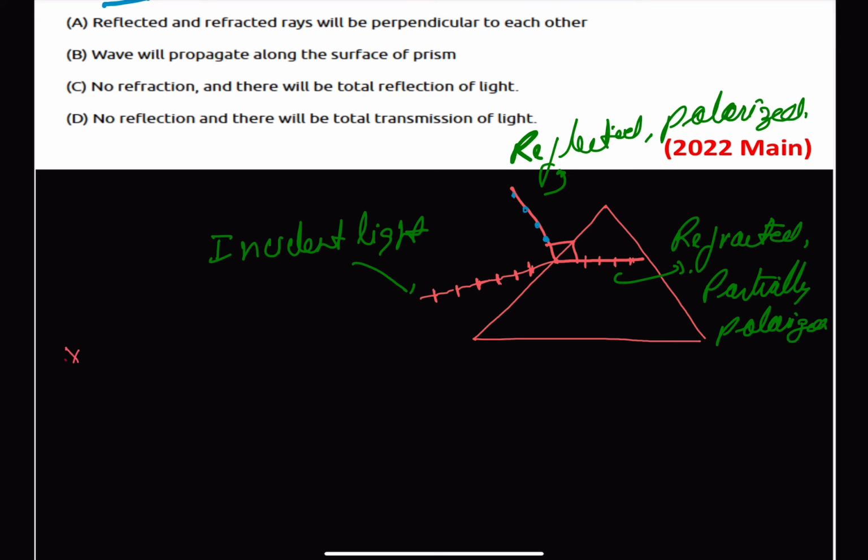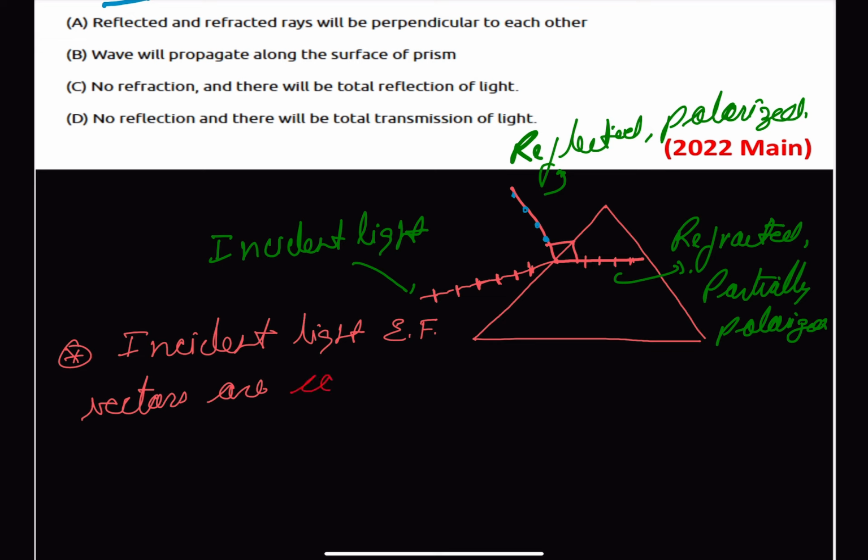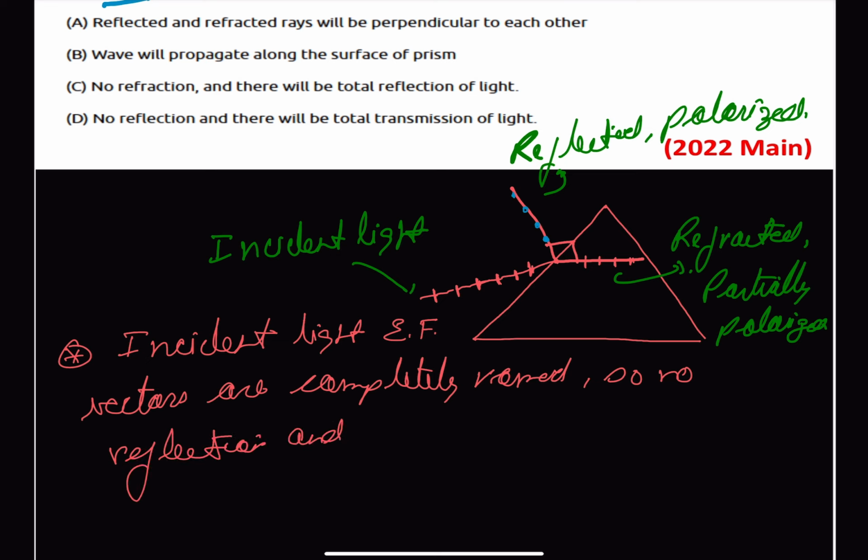Because in this incident light the electric field vectors are completely removed, there will be no reflection and total transmission.